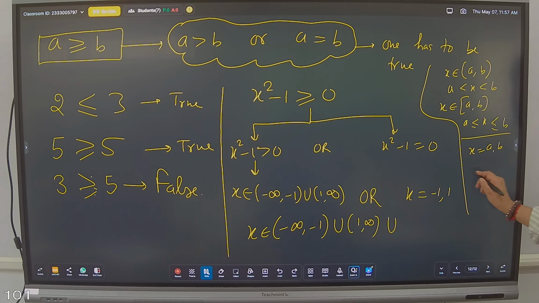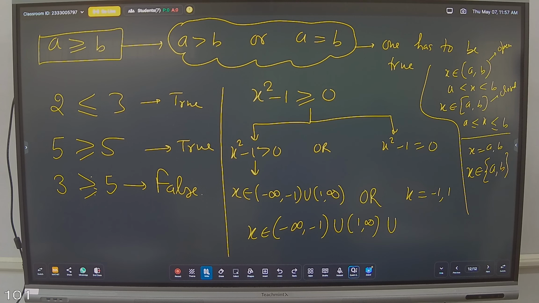I want to write this in this format. So we'll say x element of set of. Have you heard of set? Collection. So three brackets are there in mathematics. One is called the open bracket. It's used for the interval, inequality. This is called the closed bracket.